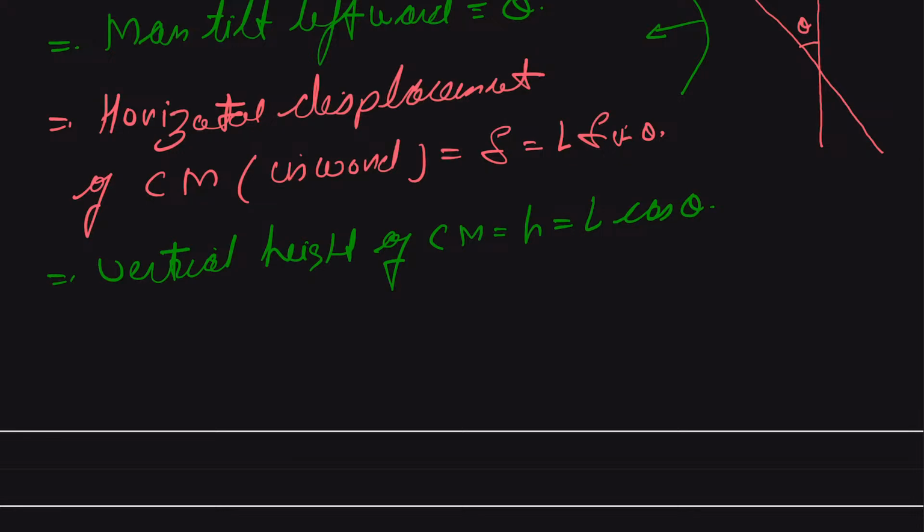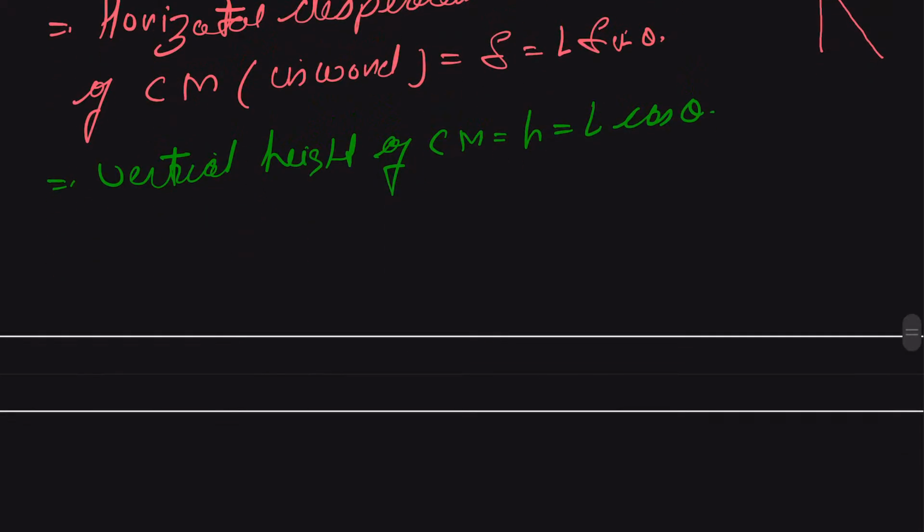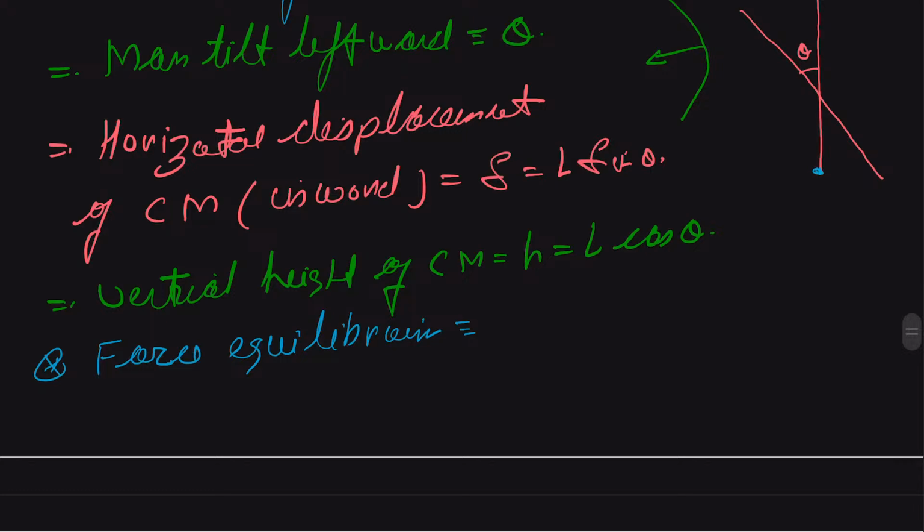And next is our force equilibrium. So we can say, we assume that it is a single point contact, therefore at the single point contact the normal is our N, and mg will be in the downward direction. Okay.